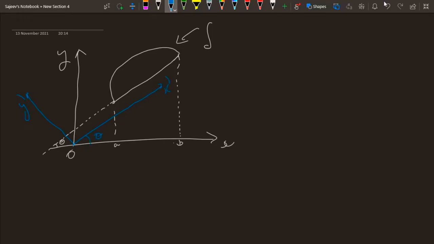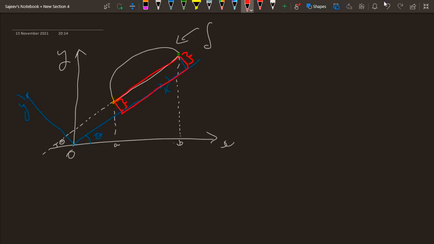Then with respect to the new axes, we can see that the y dash of the yellow point and the y dash of the green point are the same, because this forms sort of a rectangle.